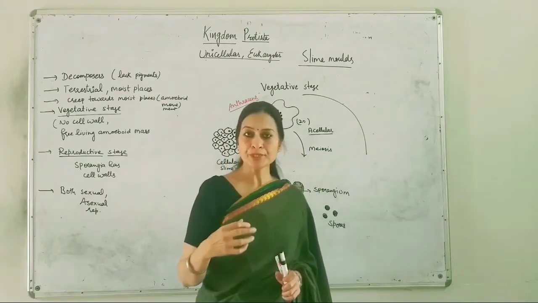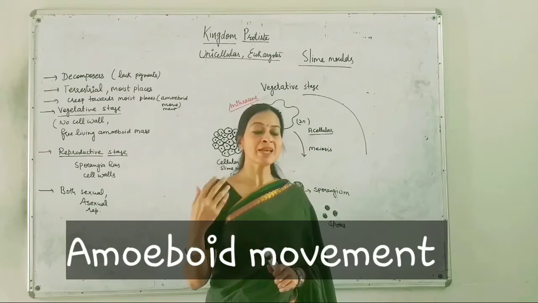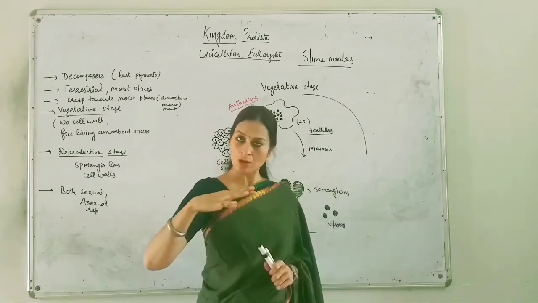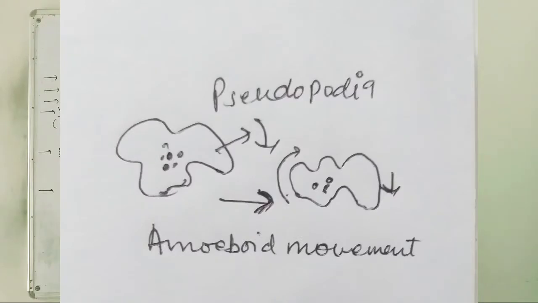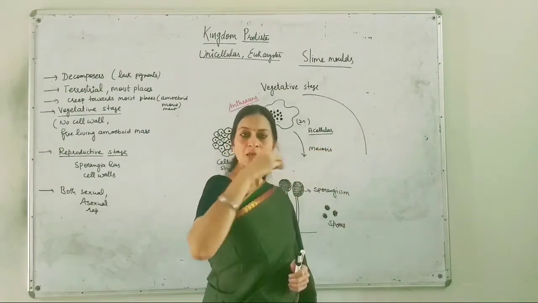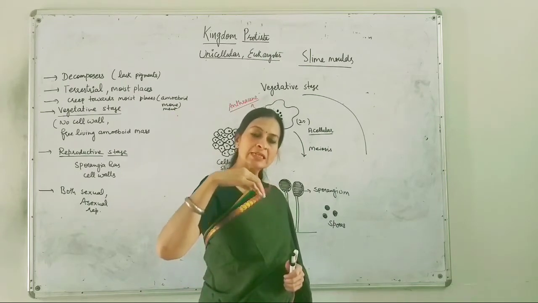They have a unique type of movement that is known as amoeboid movement, amoeba-like movement. With that amoeboid movement, it will be slow in nature, but they can move long distances, and that is actually creeping in nature.